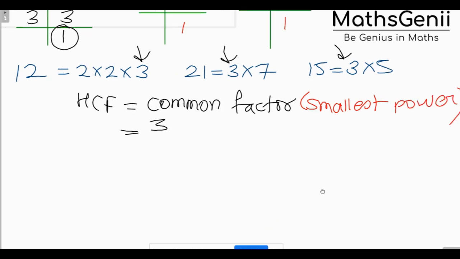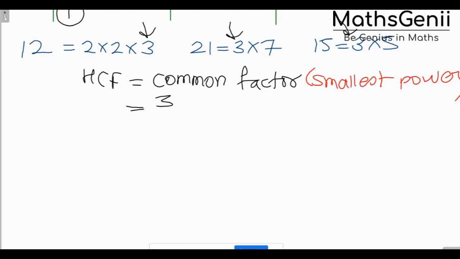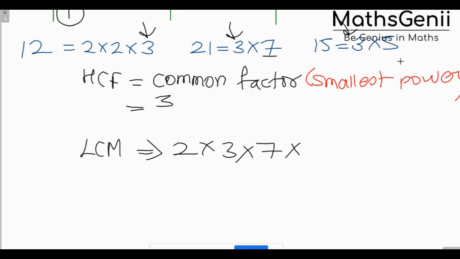Now let's look at LCM. How to find LCM? Now I told you, the greatest power of all the factors. What are the factors that I have? I have 2, 3, 7, and 5. Now 2 has come how many times?